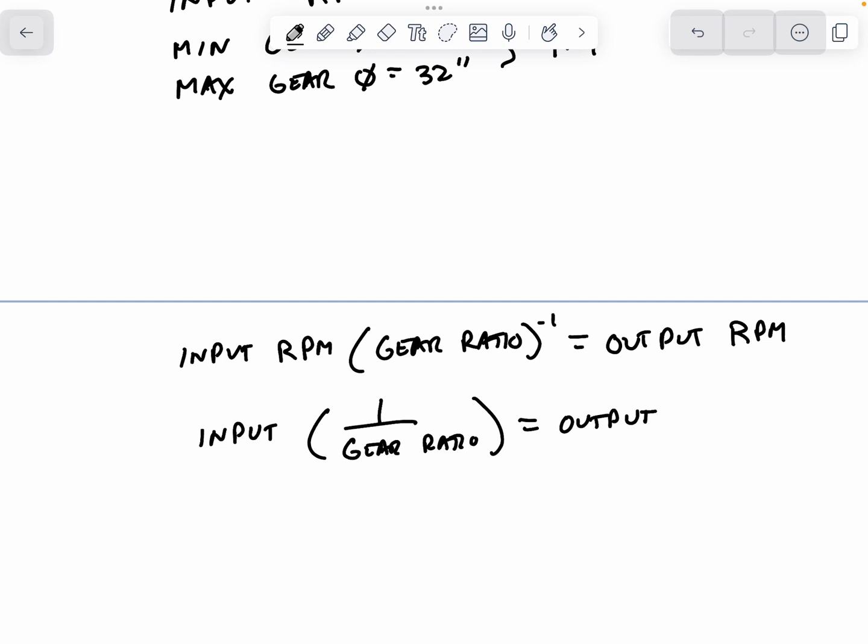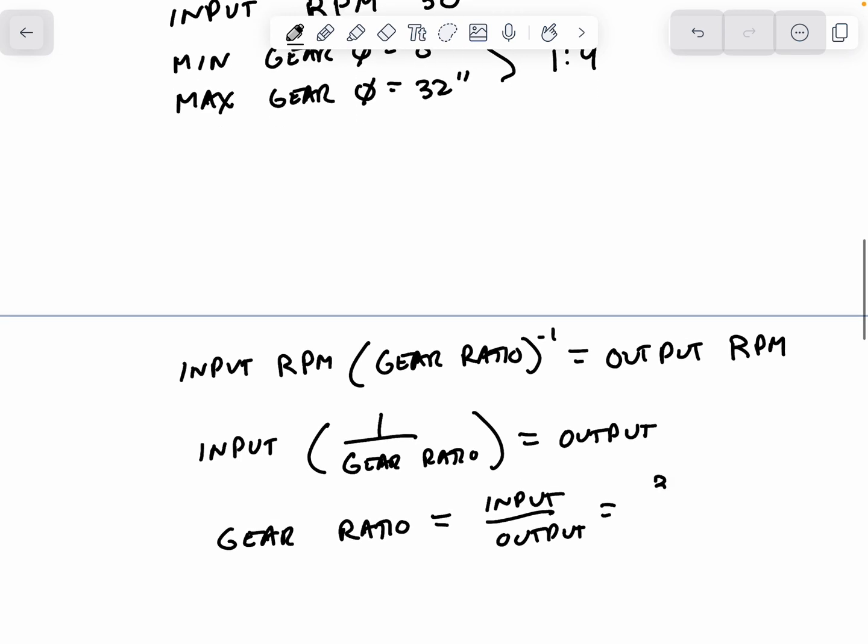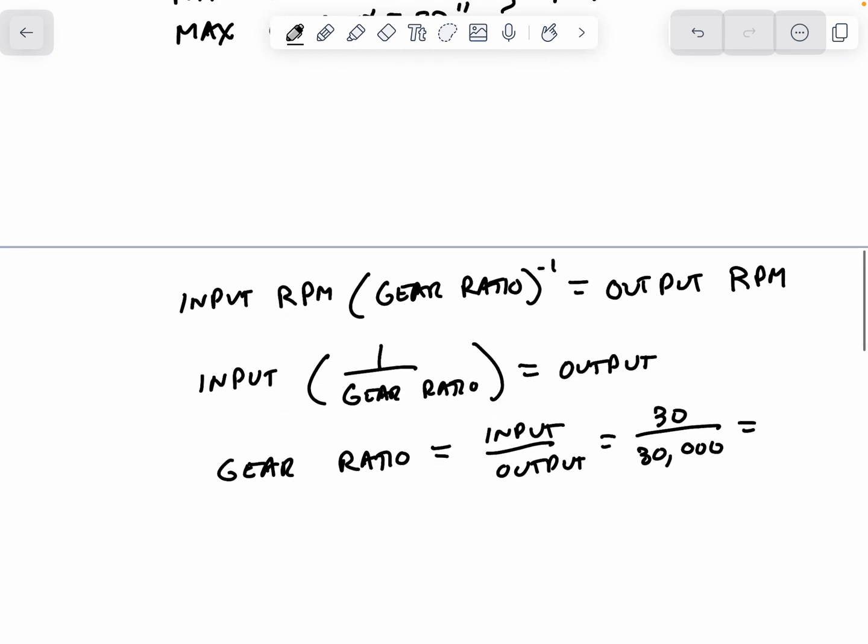If we multiply both sides by the gear ratio, we can rearrange this algebraically and say our gear ratio is equal to our input over our output. For us, we have an input of 30 and an output of 30,000, so that gives us 1 over 1,000. That's going to be our gear ratio.